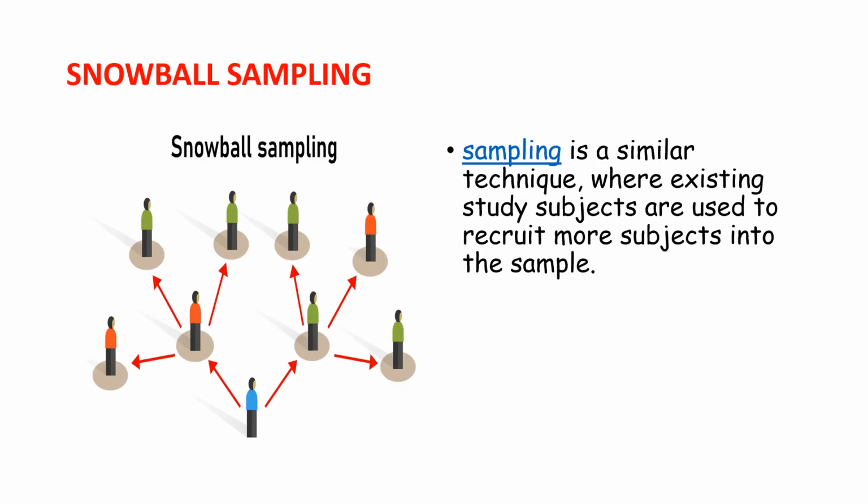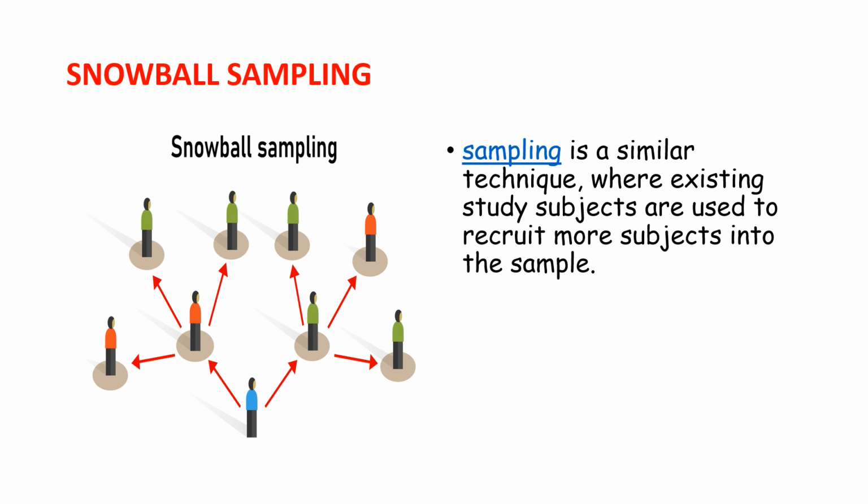Now, snowball sampling. This is a technique where existing study subjects are used to recruit more subjects into the sample. Supposing I am comfortable with 2 or 3 girls in the class. I call them and tell them, please send your friends who may be interested in carrying this out. Each of them brings 2 or 3 more.